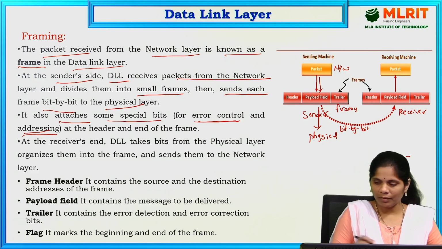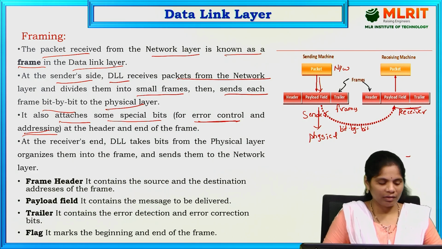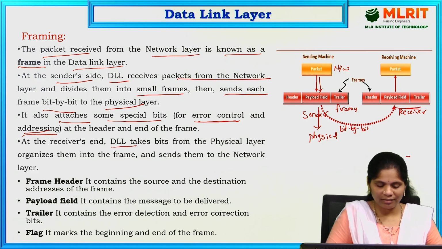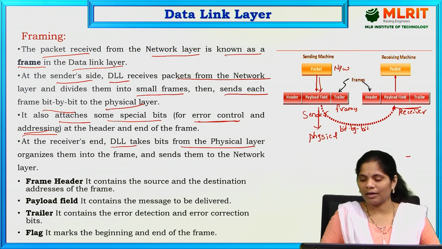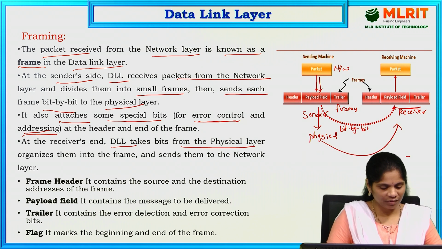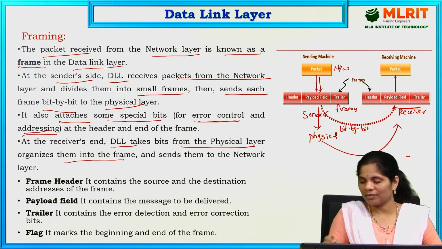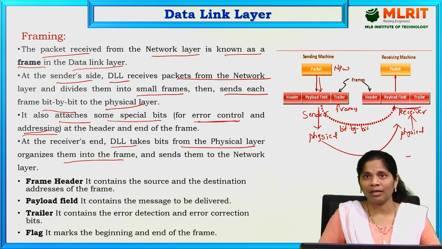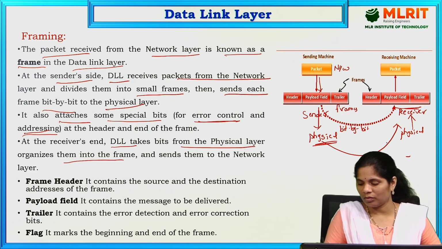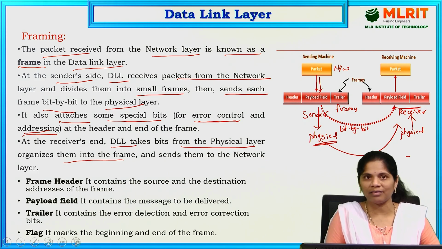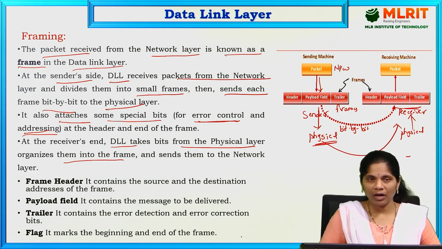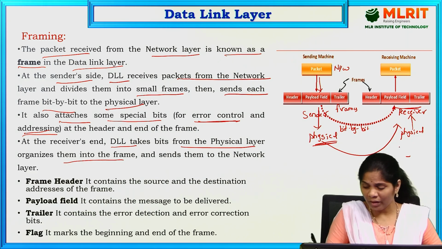Now, coming to the receiver end, the data link layer takes the bits from the physical layer, and afterwards it organizes them into frames. Here, the receiver side also has a physical layer, right? Between the physical layers of the sender and receiver, the frames are transferred in the form of bits.